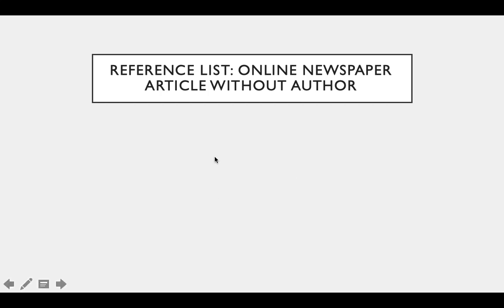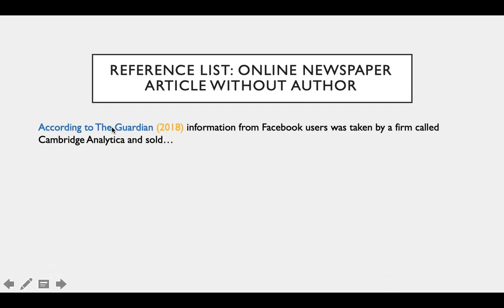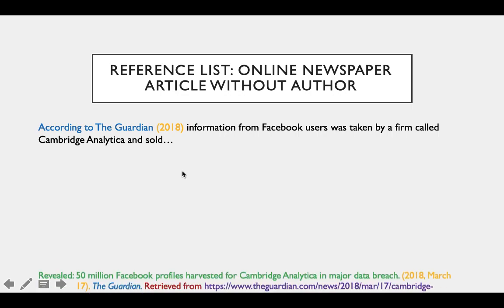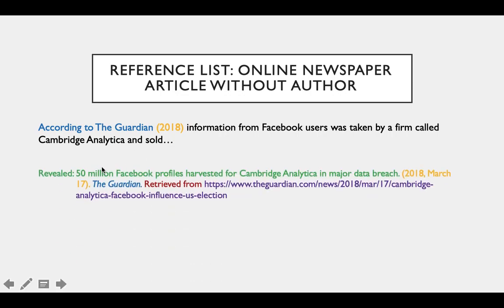Now if we had the same citation and we were using the same source of information, but in the newspaper article there wasn't an author, we could just put according to The Guardian. So we just mention the newspaper and the year in our citation. And our reference list entry would look like this, which is very long, isn't it, at the beginning?